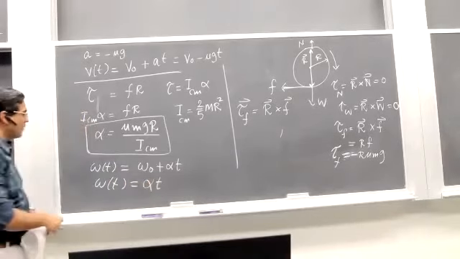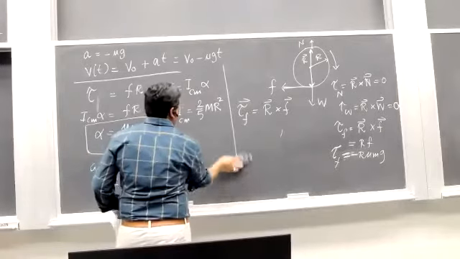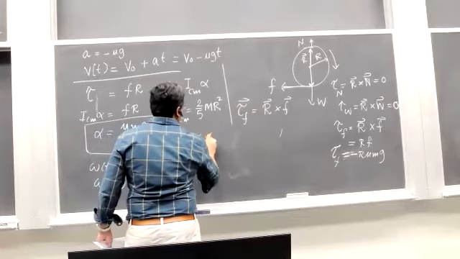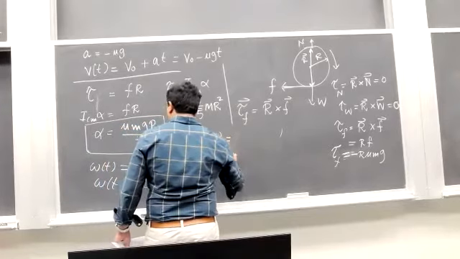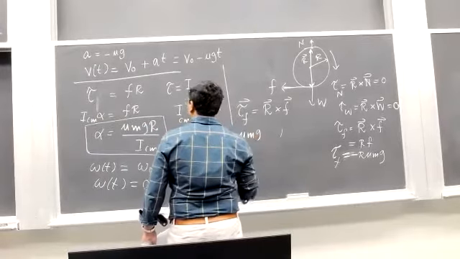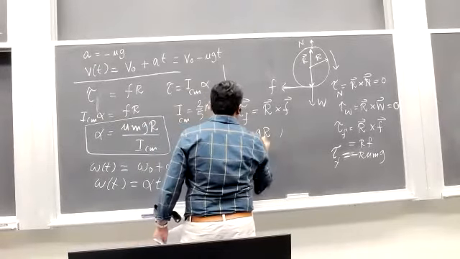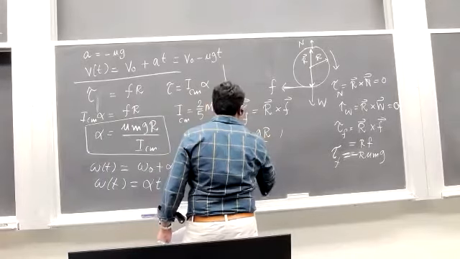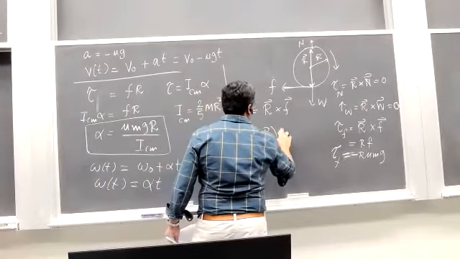And now we know what alpha is, right? So then we get omega t equals, now putting in the value of alpha, mu m g r over I_CM times t.